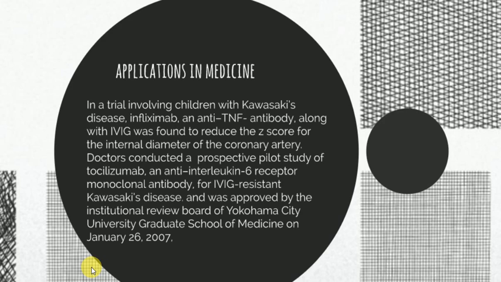Doctors conducted a prospective pilot study of tocilizumab, an anti-interleukin-6 receptor monoclonal antibody, for IVIG-resistant Kawasaki disease, and it was approved by the Institutional Review Board of the Oklahoma City University Graduate School of Medicine on January 26, 2007.